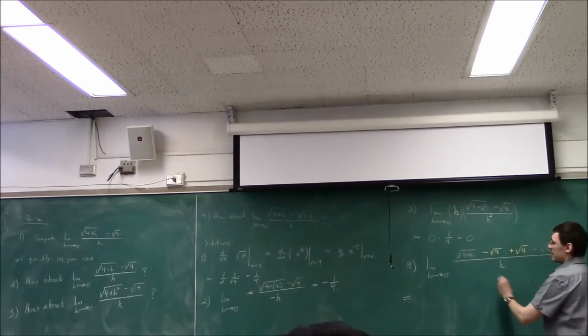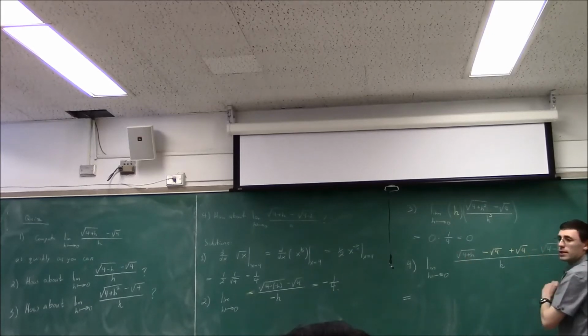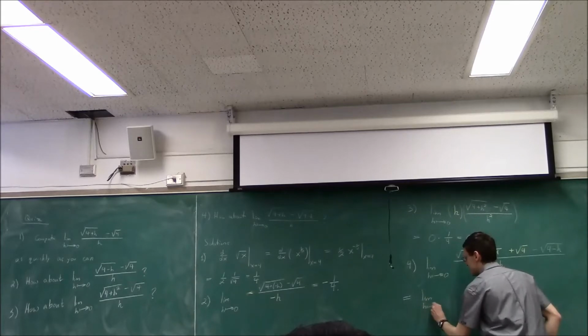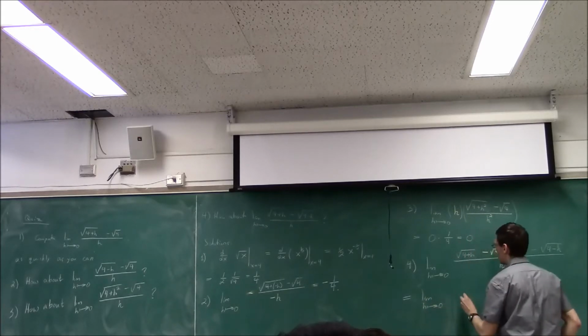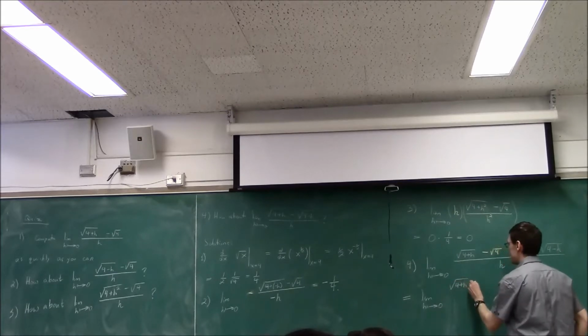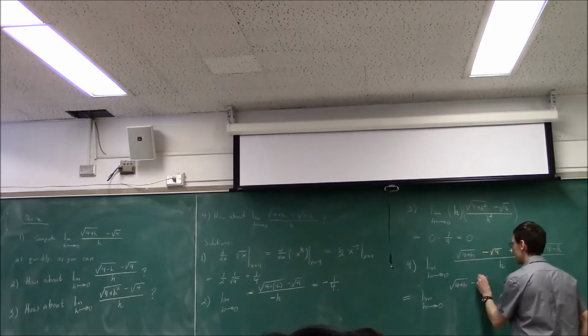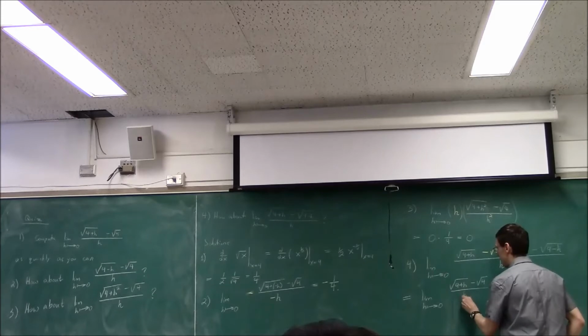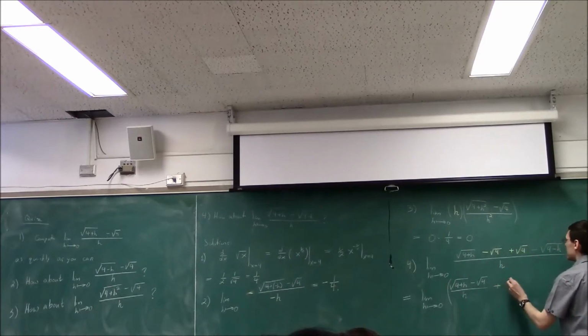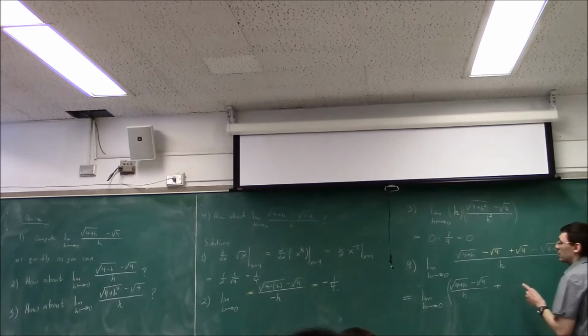Now I can break this limit into two parts that are more or less similar. So I can write limit as h goes to 0, radical 4 plus h minus radical 4 over h. And here I have plus. By the way, I'm a bit lazy.